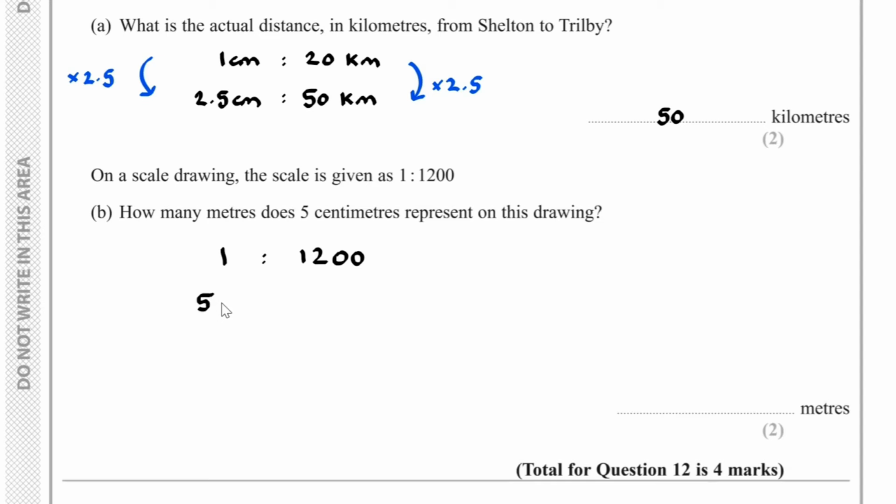And if I have 5 centimeters, then in real life, I multiply by 5, and it turns out here we get 6,000 centimeters. And so therefore, 6,000 centimeters is equal to 60 meters.